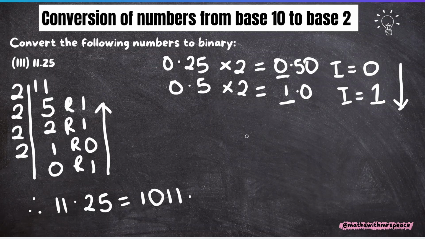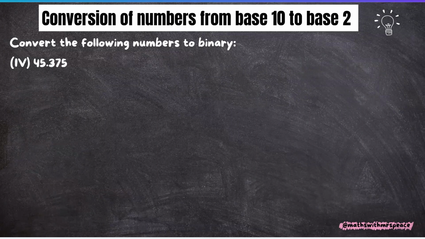And then we'll write 0, 1 base 2. And 0, 1 came from the integers of our repeated multiplication. And there you have it. 11.25 is equal to 1011.01 in base 2.